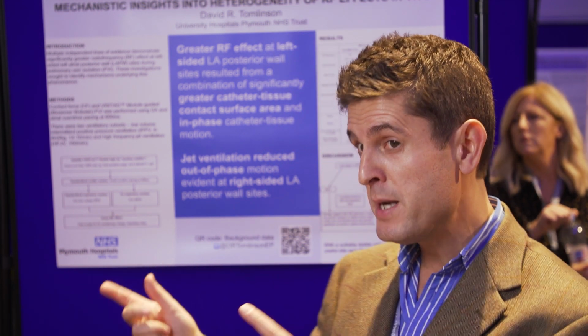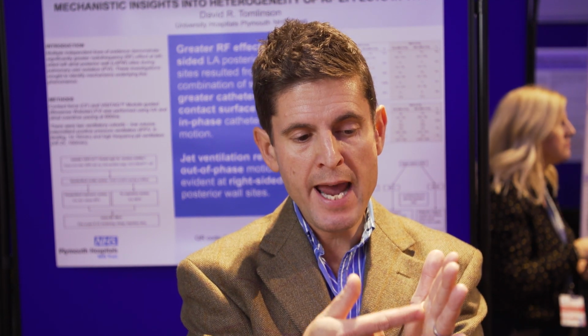Here's where I can't do anything other than kind of wave my hand around about whether the catheter and the tissue are moving in phase or out of phase as the patient takes a breath. So I use a contact force filter. That means I can never have movement in the Z-axis to have 0 grams contact force. So I always have some movement, we inevitably do, in the XY plane.